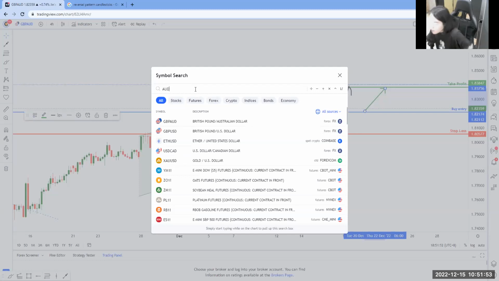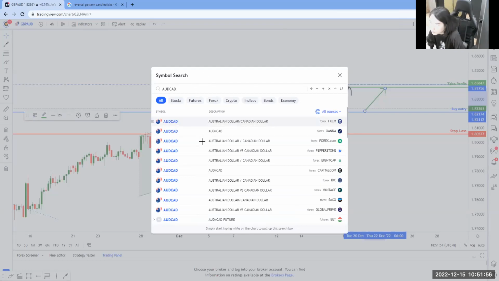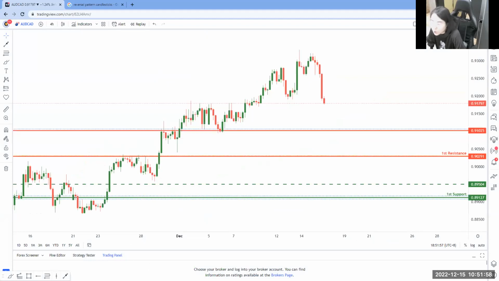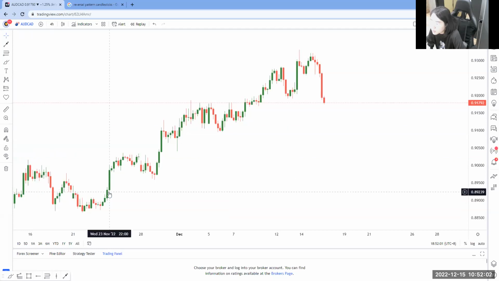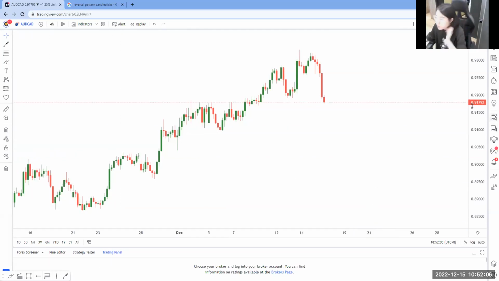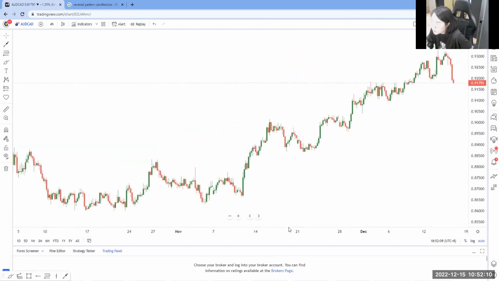Maybe AUD/CAD. Why I'm choosing AUD/CAD is because I'm trying to choose a non-US pair, since we already did USD/CAD a while ago and GBP/USD.